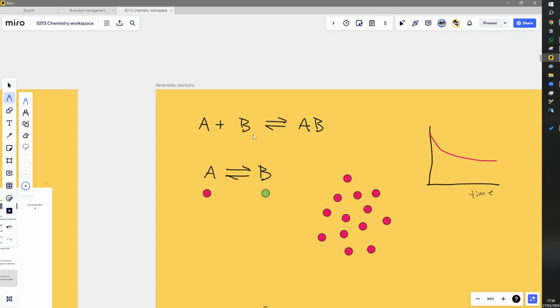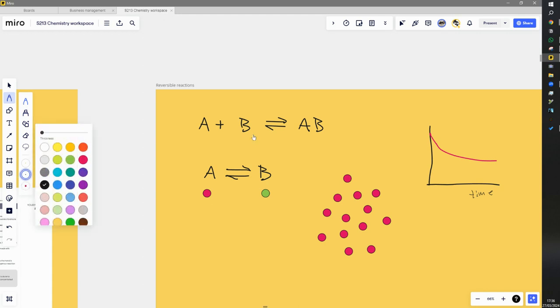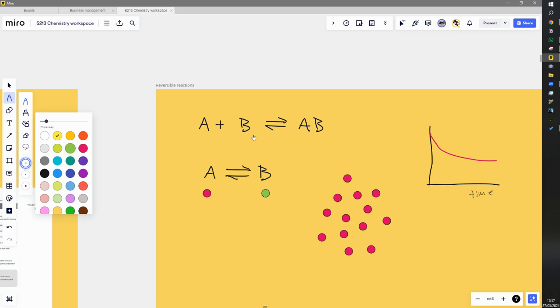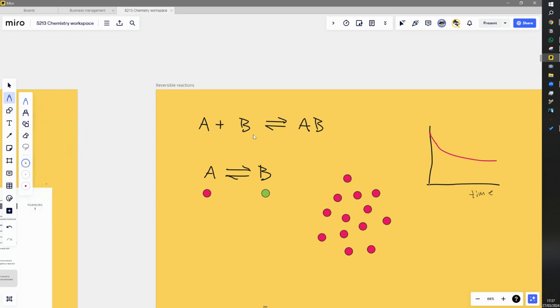Let's try to understand why that is. We need to look at what happens with B as well. At the beginning, the rate of reaction of B is 0 because there is no B to react, so it would start down here.